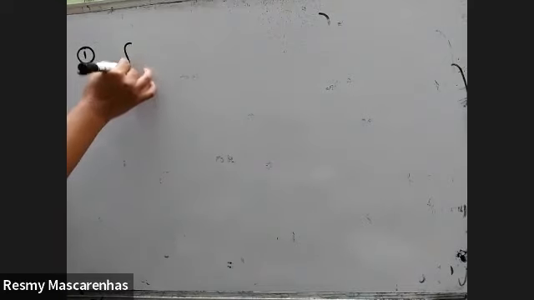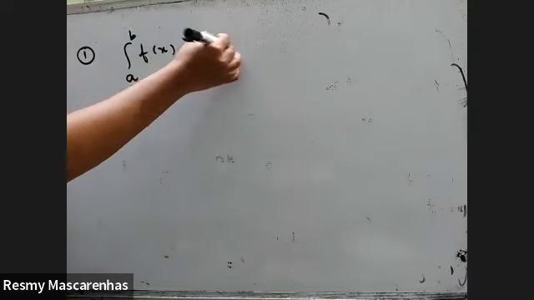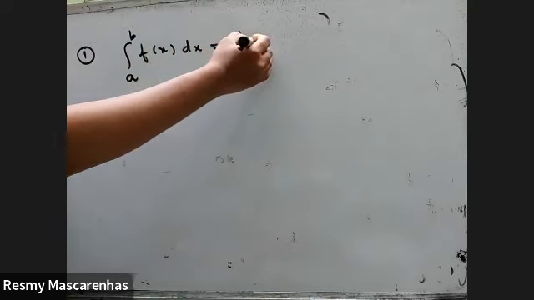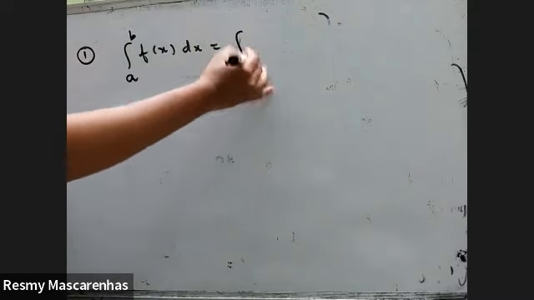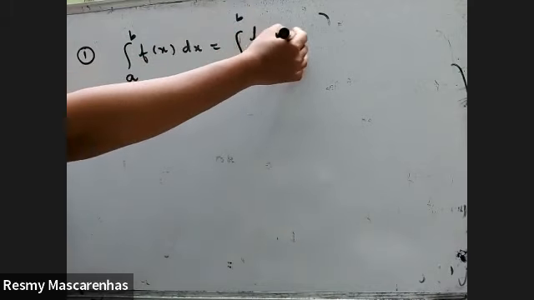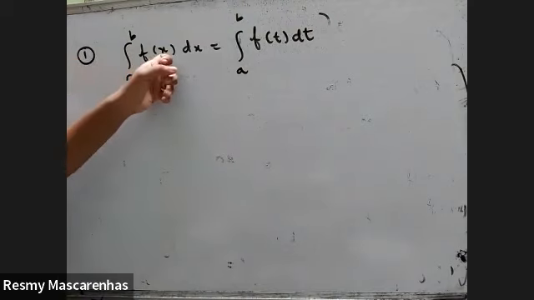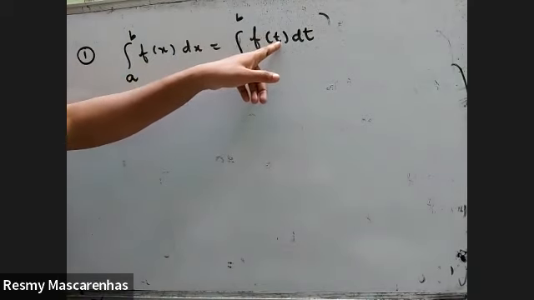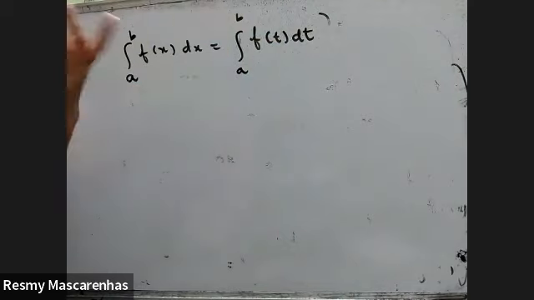First one, what it tries to say is whether you have the letter x or the letter t or whether you put any other letter, if the limits are same, the answer will turn out to be same.